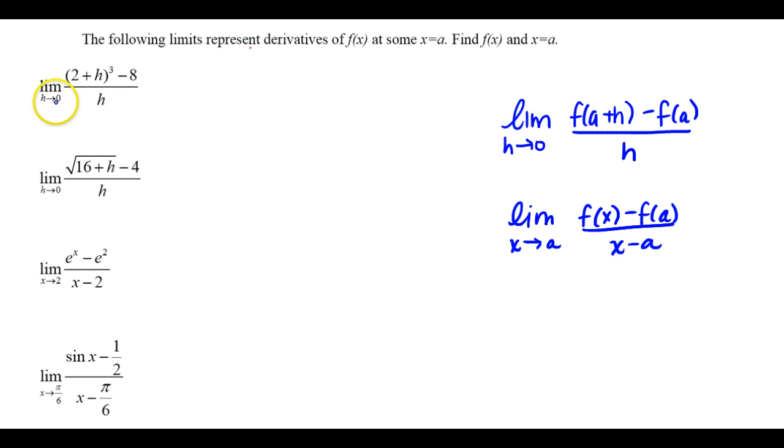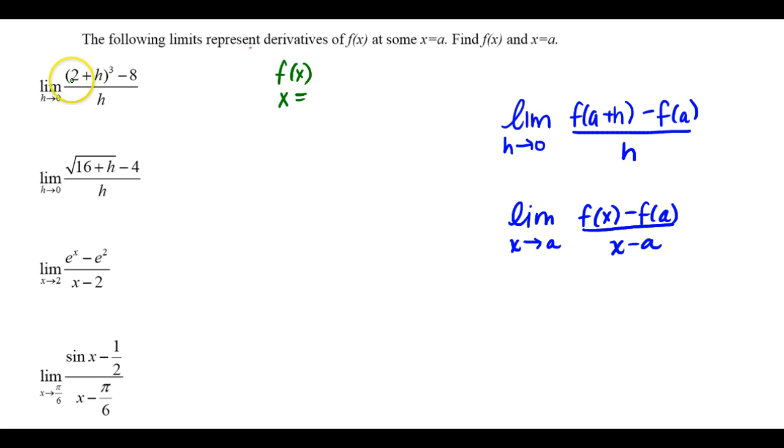So the limit as h goes to 0 of f of a plus h. Notice a plus h, a huge giveaway: the value of a is whatever number is being added to h. Again, we're in search of f of x, and we're in search of x equals a for each of these problems.